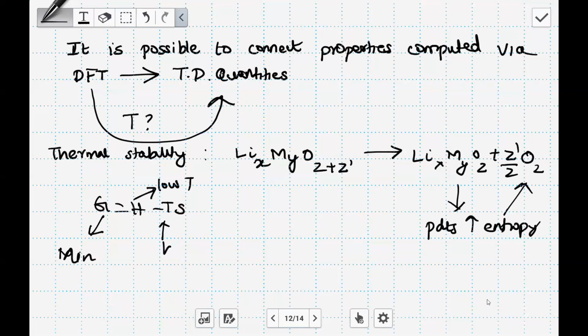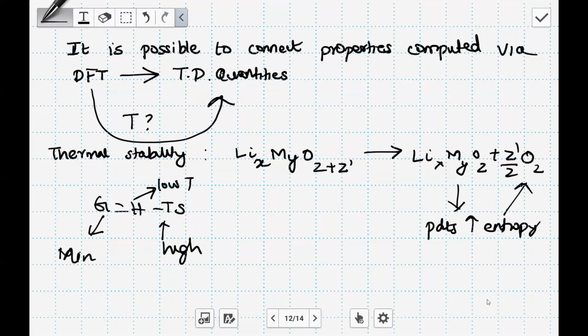At high temperature, you try to minimize free energy by favoring the reactants or products which have higher entropy. At low temperature, the TS contribution to free energy is less, so you are generally looking at reactants or products with lesser enthalpy. At high temperature, the TS contribution becomes significant.